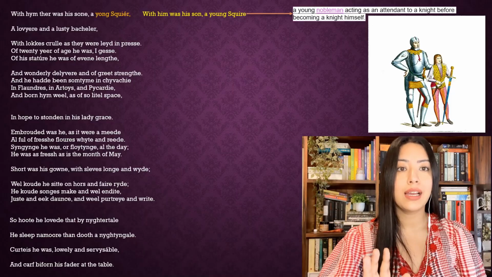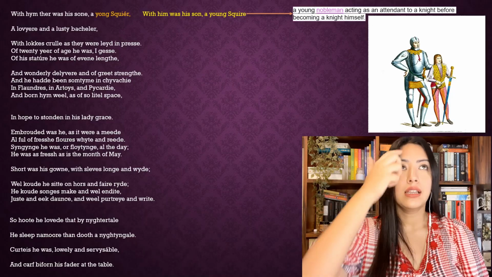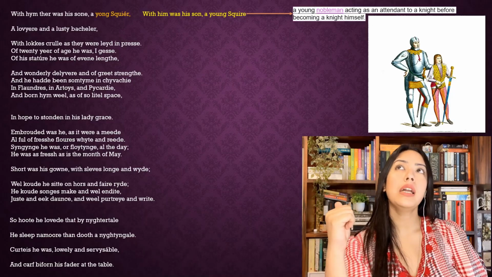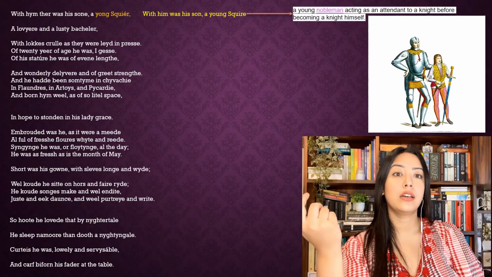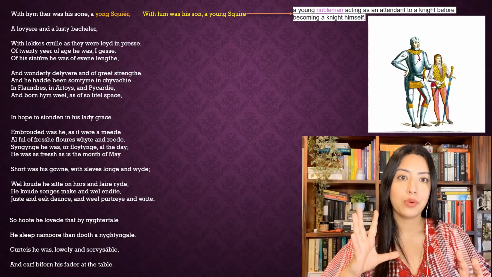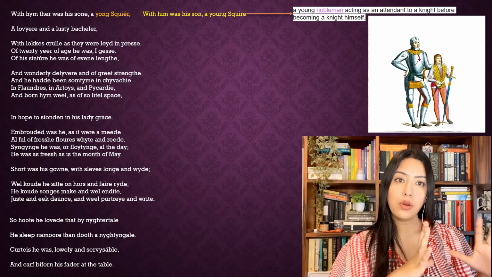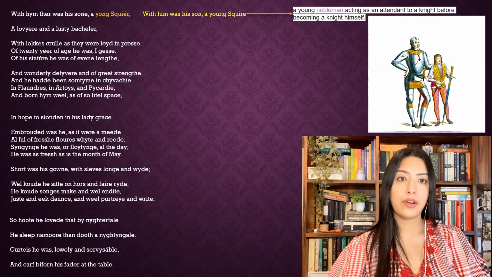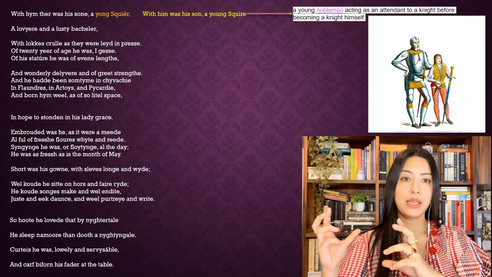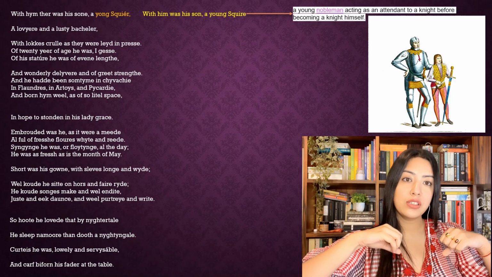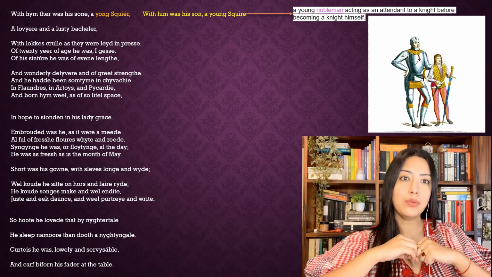Who is a squire? I'll tell you, it's like an apprentice. Nowadays, I think you would have heard that there was a time, even in India, when a son of a farmer would be a farmer, a son of a potter would be a potter. So it was a very rigid caste system we had.